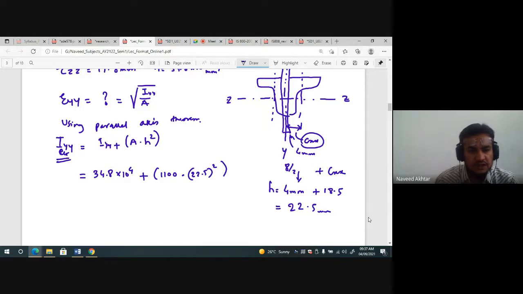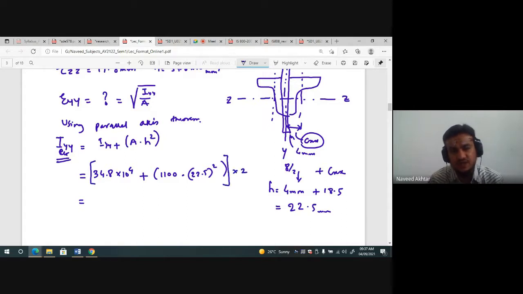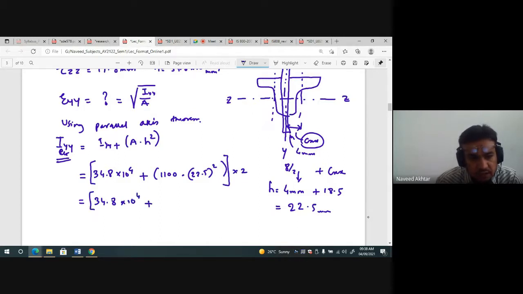Okay. Now this is for single angle, because it is double angle into 2. So I will write down double angle into 2. So 22.5 square is 506.25 into 1100. So it is 34.8 into 10 raised to 4 plus 55.68 into 10 raised to 4, into 2.